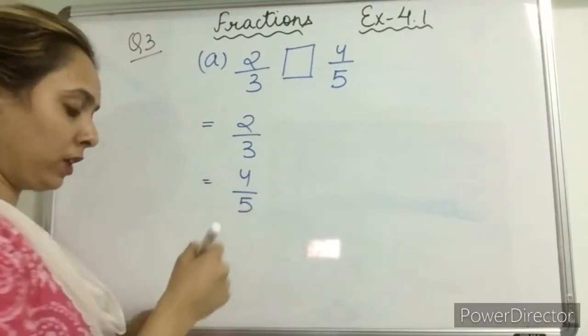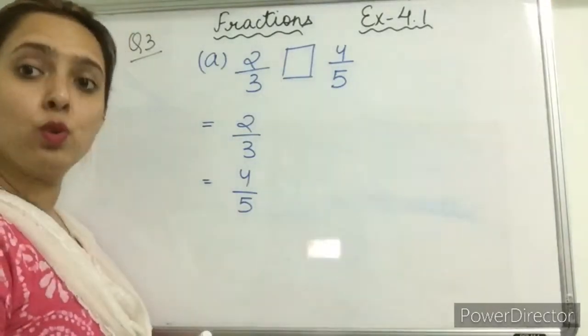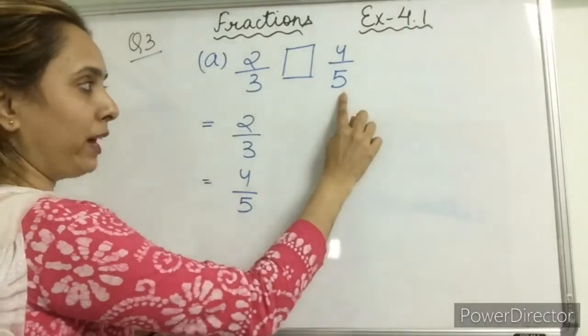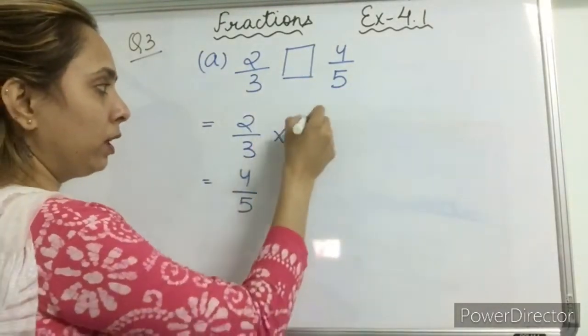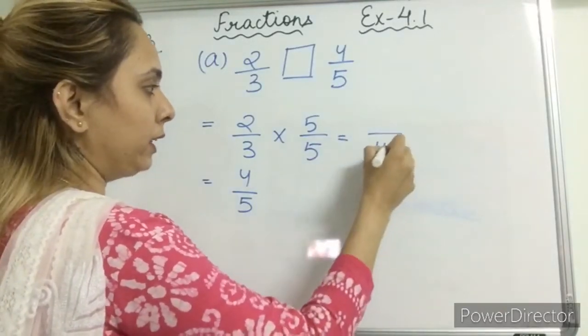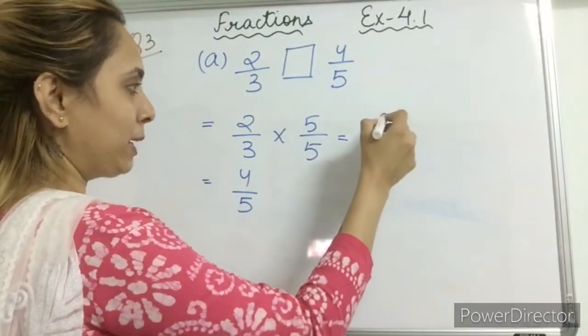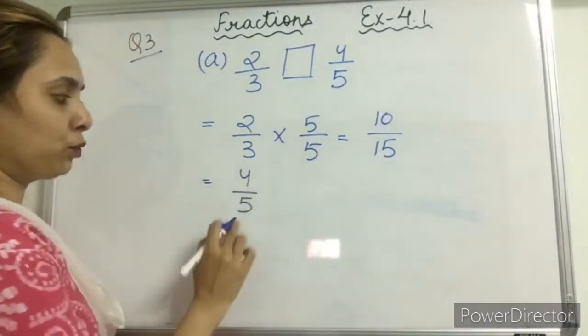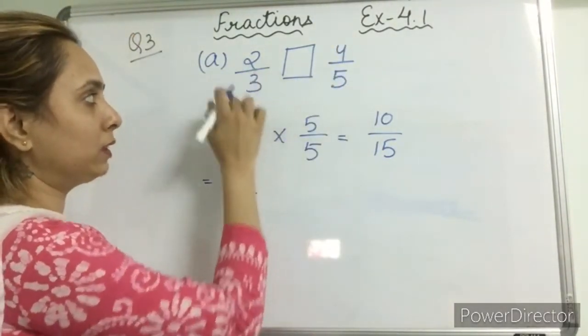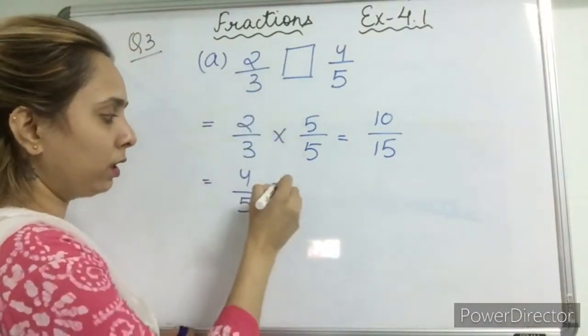We will convert these unlike fractions into like fractions first. So this 2 by 3 will be multiplied by this 5. I will multiply the numerator and denominator by 5 to get the same denominator. Again this 4 upon 5 will be multiplied by the denominator of the other fraction, which is 3.